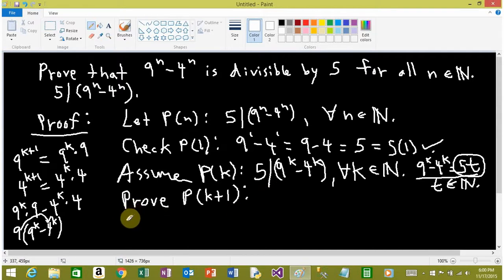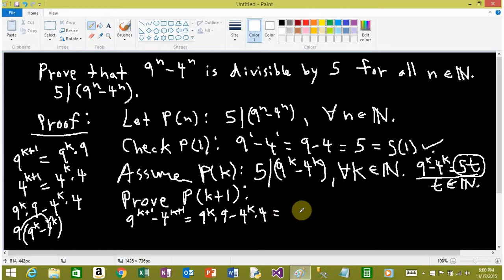So we got 9 to the k plus 1 minus 4 to the k plus 1. So that's equal to 9 to the k times 9 minus 4 to the k times 4.